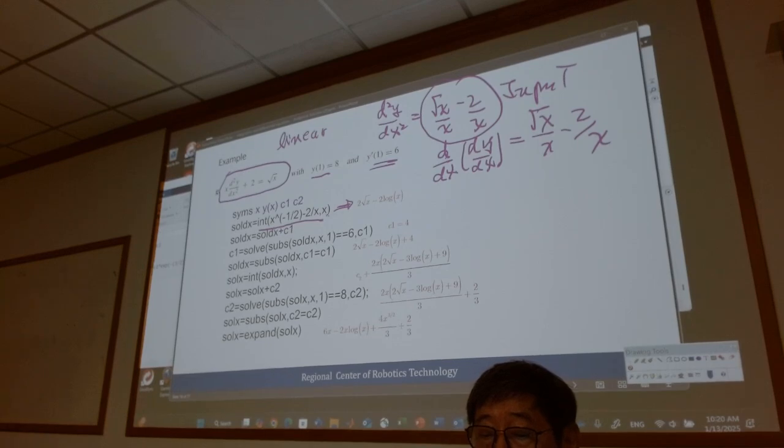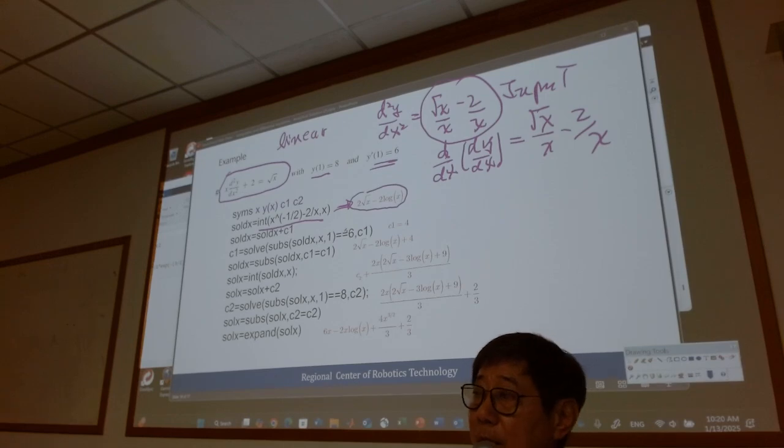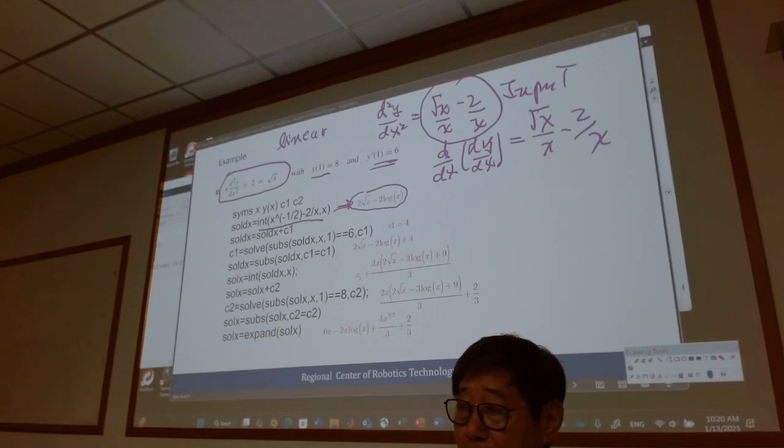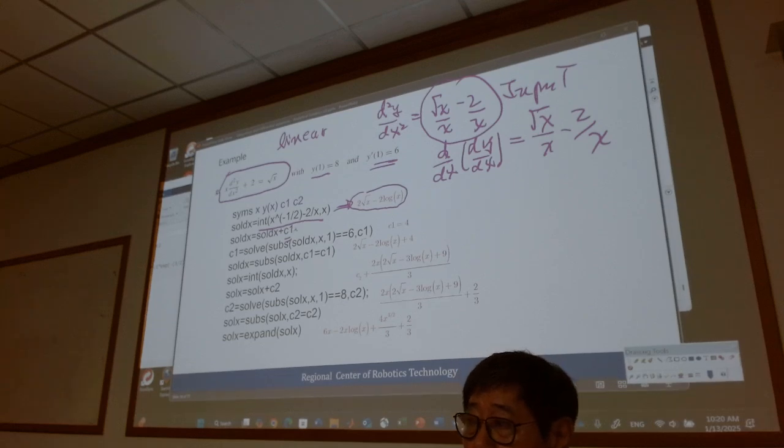You have this one. You put C1. MATLAB gives you this solution, right? But you say you do indefinite integration, right? So you need to put C1. So in the solution, instead of this one, you have to put C1 as well, right?